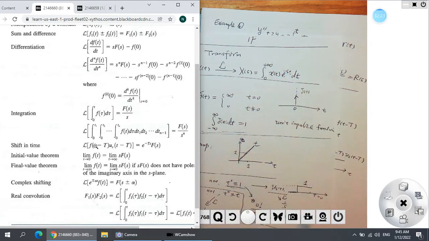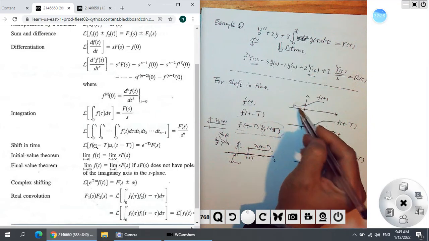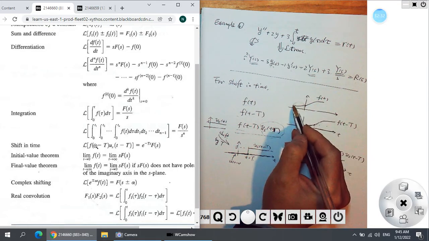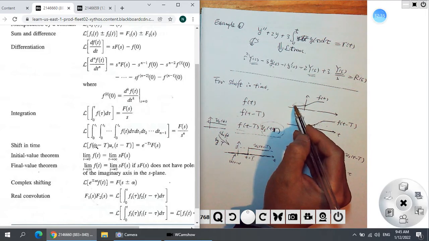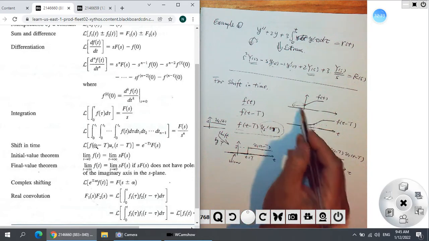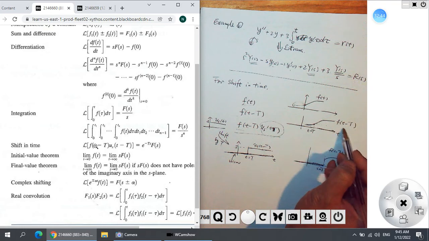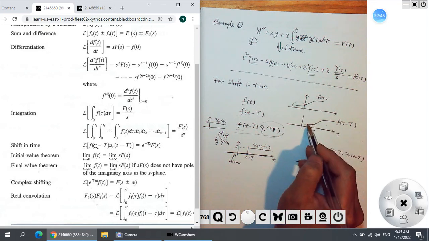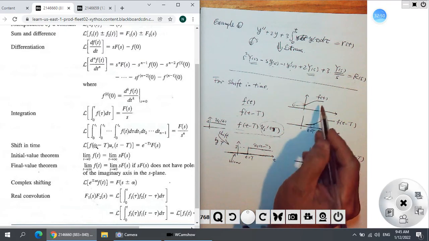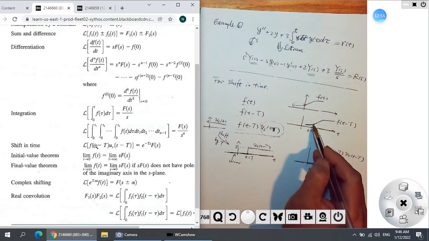So we do not need those parts when we calculate the Laplace transform of f of t. Now we shift it to here. When we shift, this part goes to here. So if you find the Laplace transform of this one, you will use this part. That result is different from this one. In this case, this part you do not use, and here you use it.